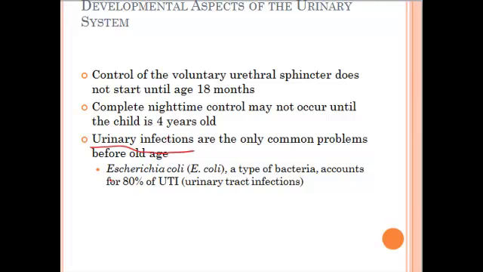Urinary infections are caused mostly by E. coli, which is a type of bacteria found in our digestive system and released out with feces. So if any of those E. coli get into the urethra and into your urinary tract, they can cause an infection.